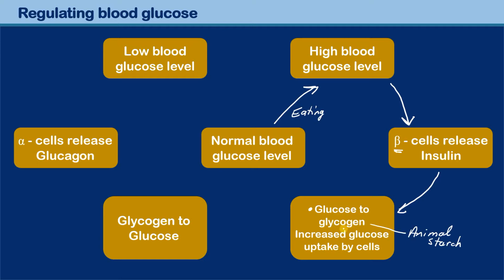And it is stored in the liver for the day. And the muscles also increase their glucose uptake because they need the glucose as an energy source. And both of these measures lower the blood glucose level again to a normal level.